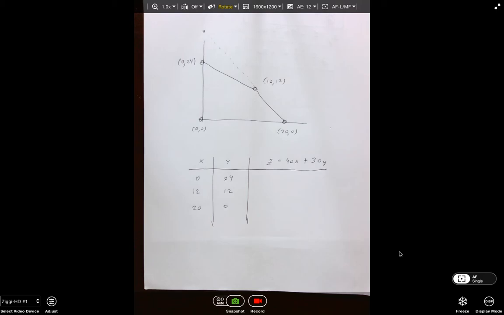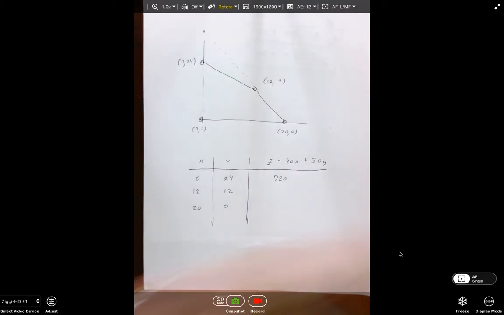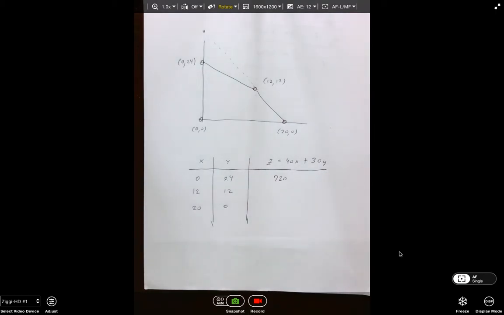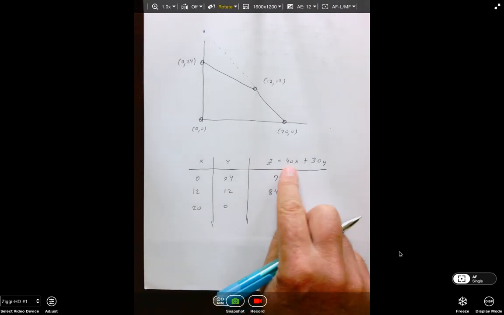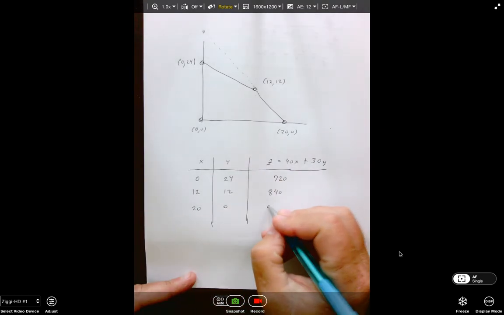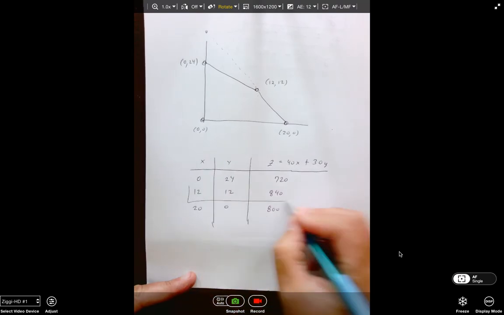So the first one, 24 times 30 is 720. 12 times 40 plus 12 times 30 is 840. And 40 times 20 is 860.